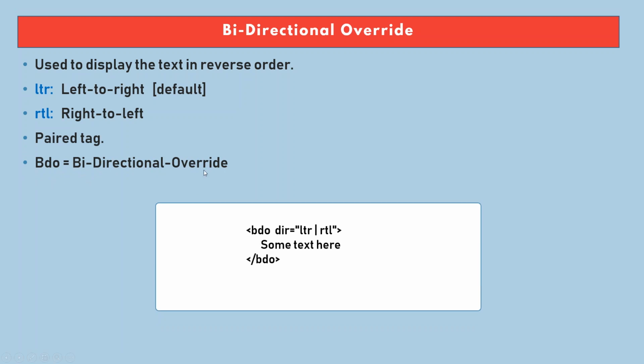BDO means bidirectional override, LTR is left to right, RTL is right to left. So we have to keep some text inside the BDO. Then in the dir attribute, we have to mention either LTR or RTL.